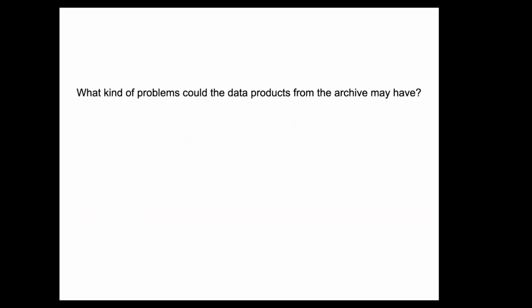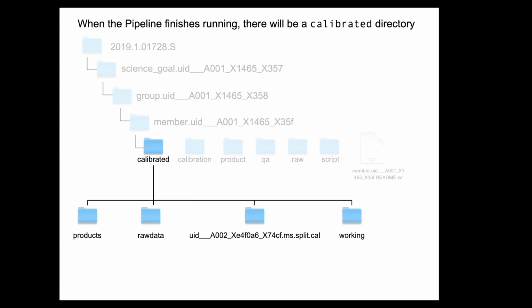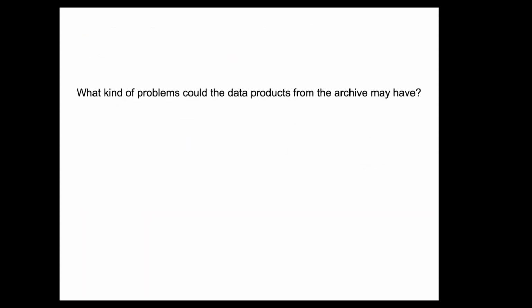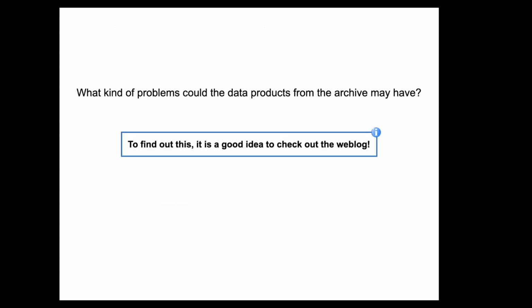So now we have the calibrated data, and what kinds of problems may this calibrated data have? Well, one easy way to find out is that it's always a very good idea to check the weblog to find out what kind of problems the data may have.